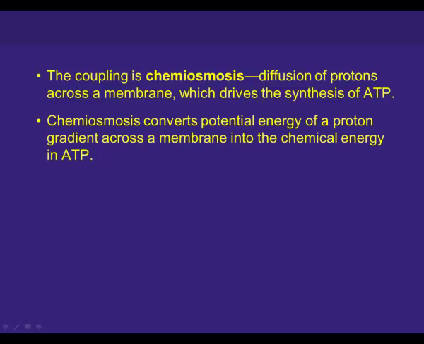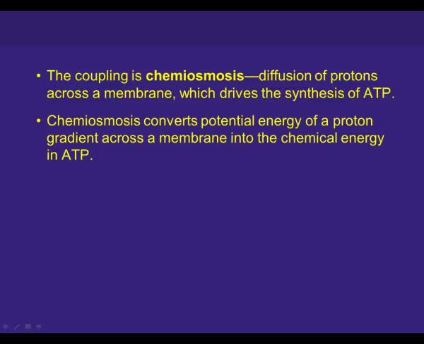During chemiosmosis, protons are pumped in between two cell membranes, and they get stored up in there, kind of like water behind a dam. Then, the energy that these stored up protons release when they flow across a membrane is used to create ATP.